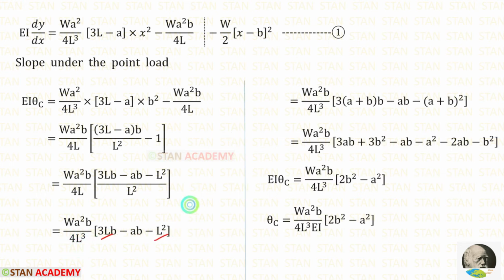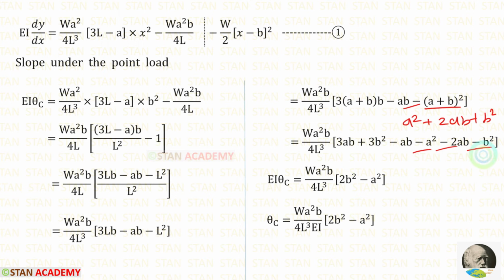We know that L is A plus B. So instead of L, let us apply A plus B. Let us multiply A plus B with 3B. When we do that, we will get this. Here we can use the formula A plus B the whole square is equal to A square plus 2AB plus B square. Then let us take the negative sign inside.